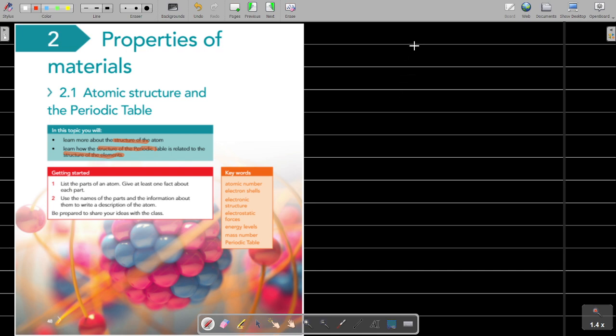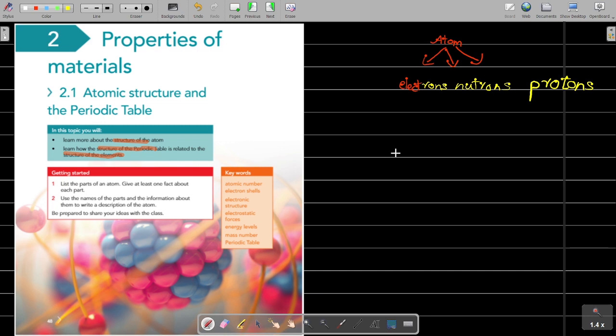Okay, atom is divided into 3 parts, which is called as electrons, neutrons, and protons.